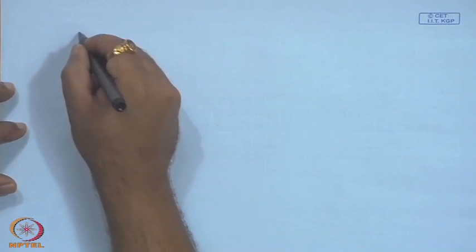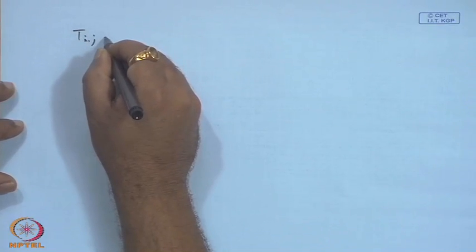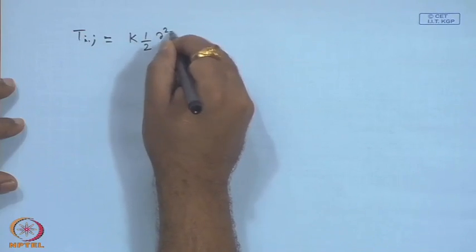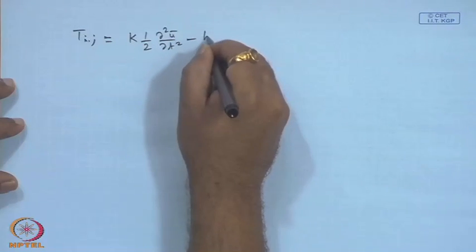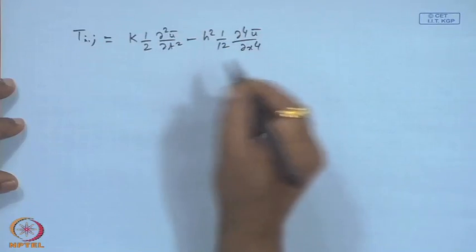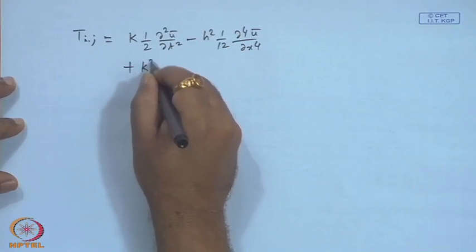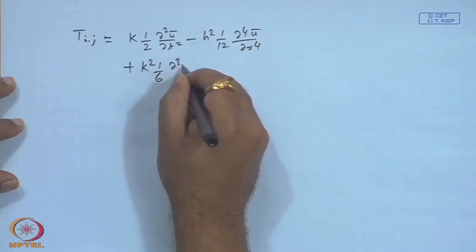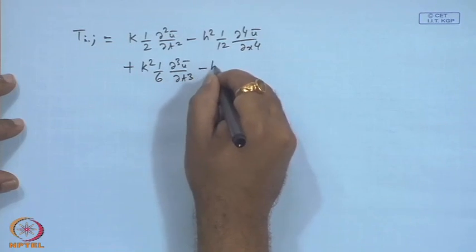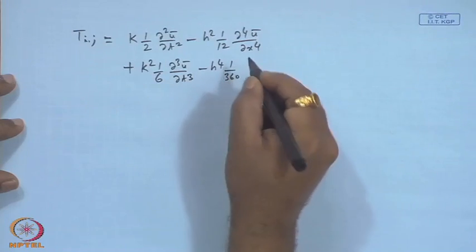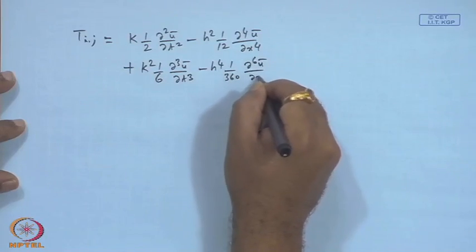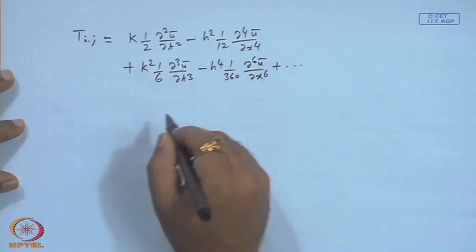If you consider our T i j, this is k times half, and we have this.